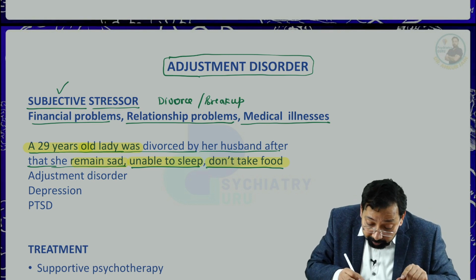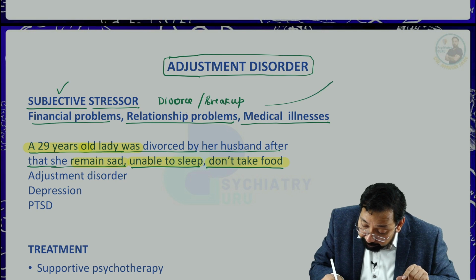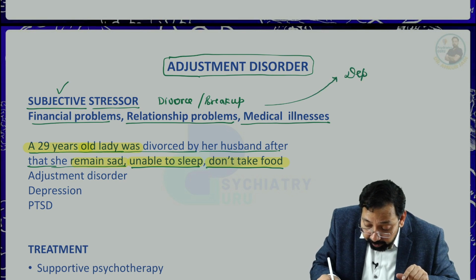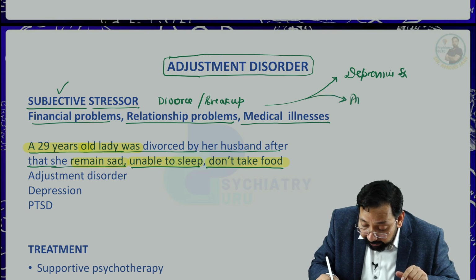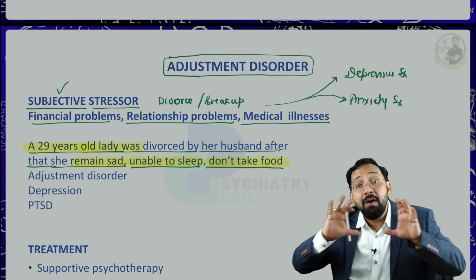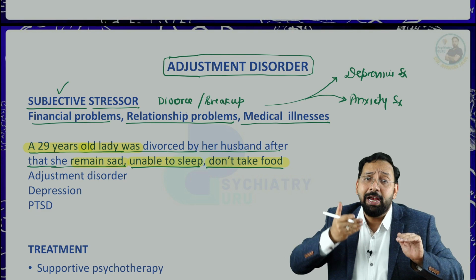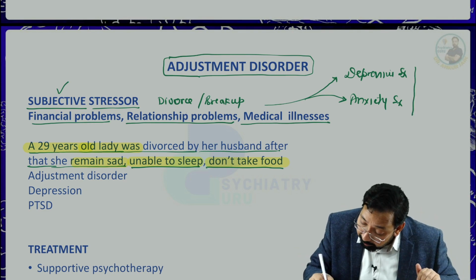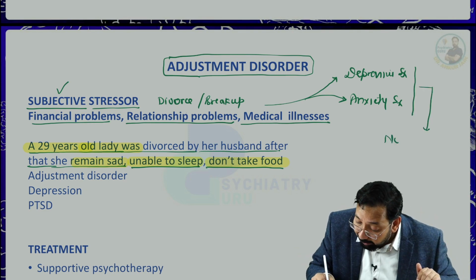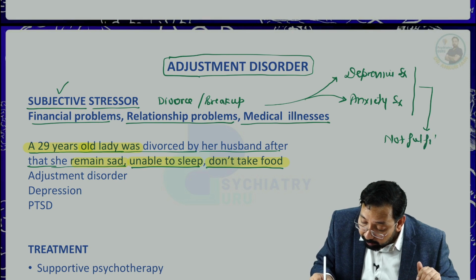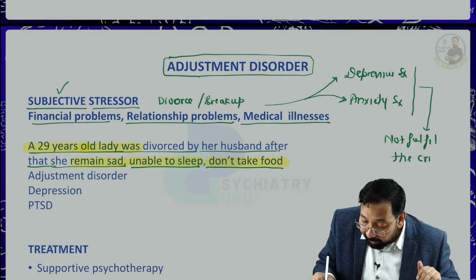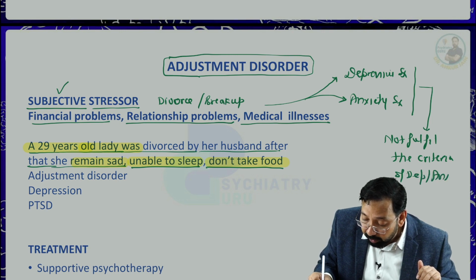So after these subjective stressors, the patient may present with depressive symptoms, or the patient may present with anxiety symptoms. But these symptoms never fulfill the criteria of either depression or anxiety disorder. Means symptoms are there, but they do not fulfill the criteria of depression or anxiety disorder.